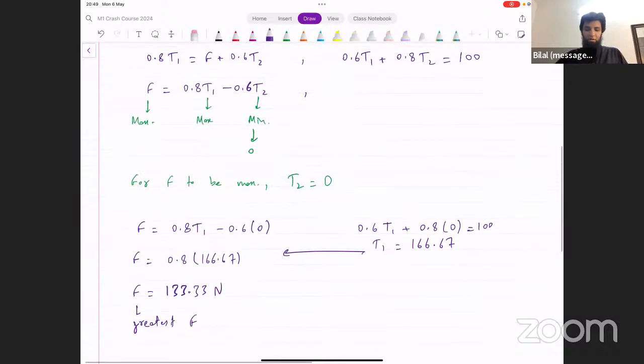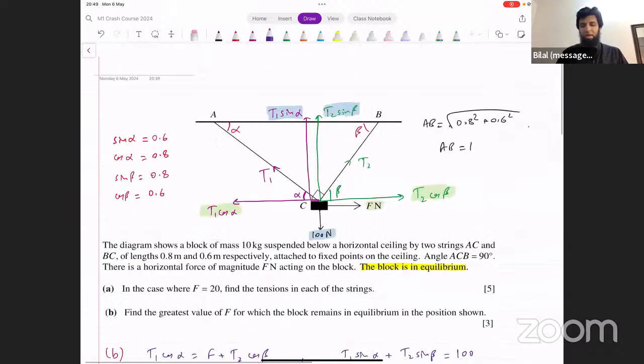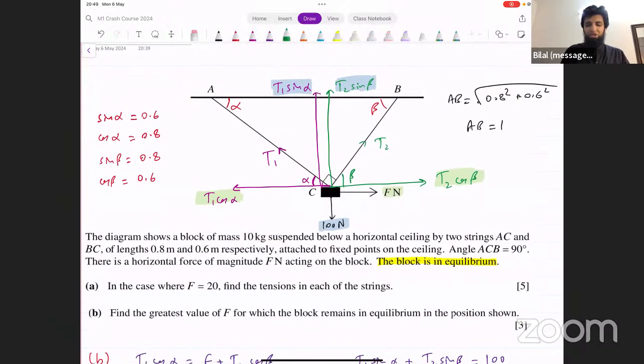So you see, what you did was you just put one of the tensions equal to 0. That's what I told you earlier, that you put one of the tensions 0 in cases like these. And then you can think of this from the diagram as well. Which tension can be put equal to 0? T1 can't be 0 here, because if T1 was 0, we won't have anything to balance these forces on the right side. T1 is the only force acting on the left, so we can't make that 0.